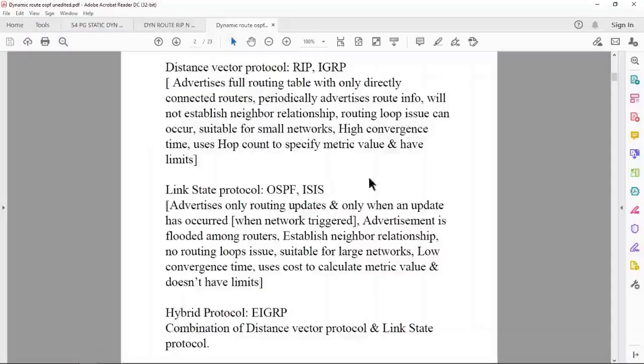Okay. When you take the dynamic routing like RIP, there are some limitations. You can't go beyond the 15th router. You can't configure RIP beyond that because, as I told earlier, RIP uses hop counts, which means the routers counted in between. So up to the 15th router, it will work fine.